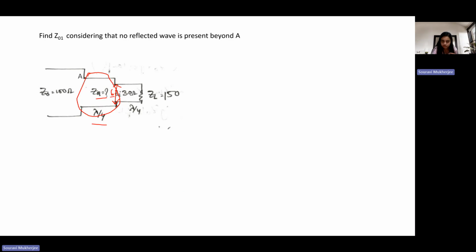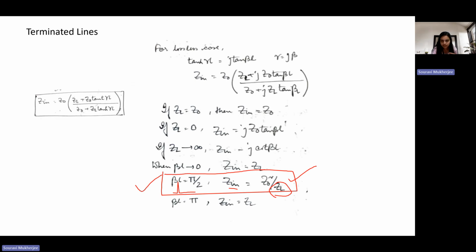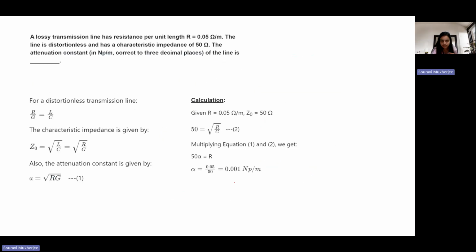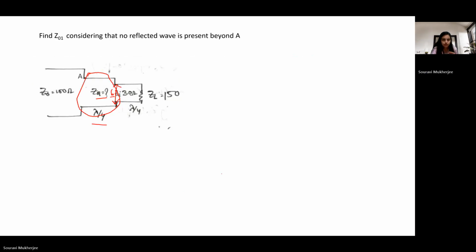You know the load, right? So again, for this part, we know the load. We have to find this, the Z naught. So that means we need Z in. We need the input impedance for this part of your transmission line. Clear?